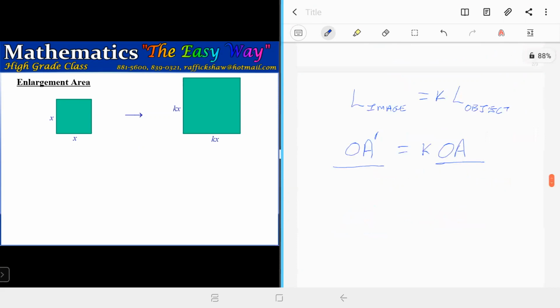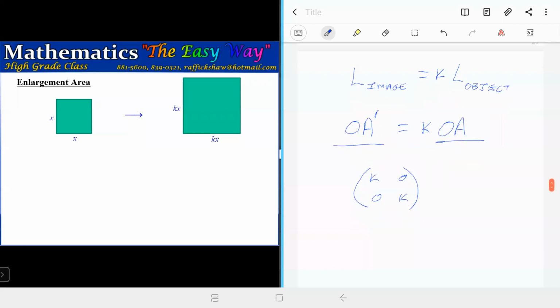We said the enlargement matrix about the origin is k, 0, 0, k, where k is the scale factor. How does that work? If you have a point x, y and you take it under an enlargement of scale factor k about the origin, then it goes to the point kx, ky.